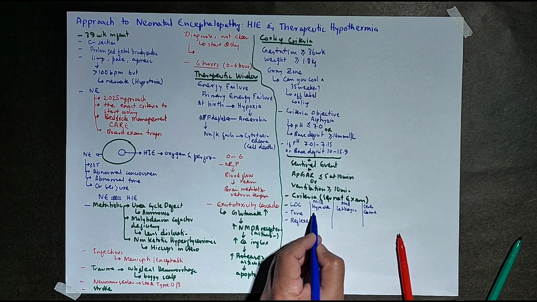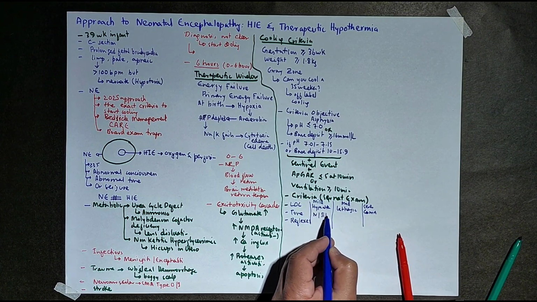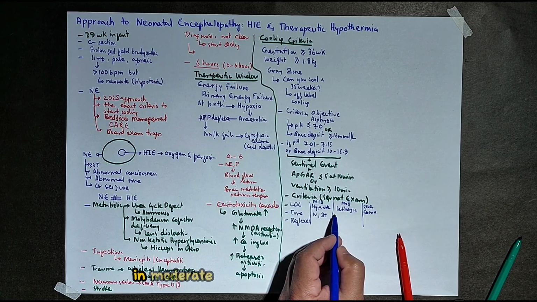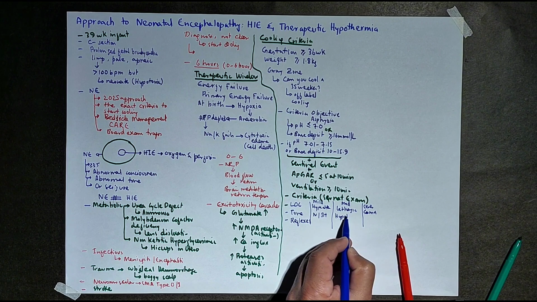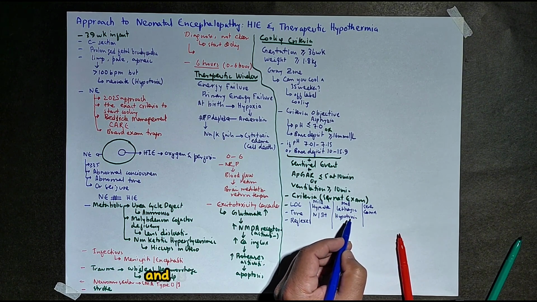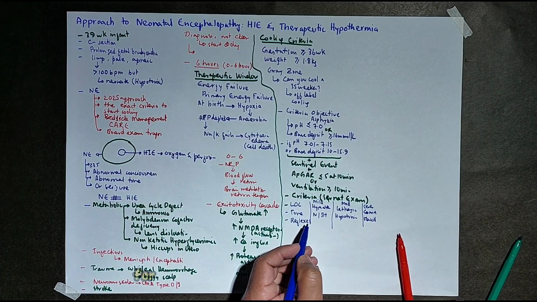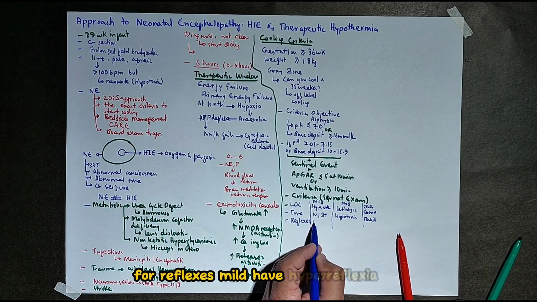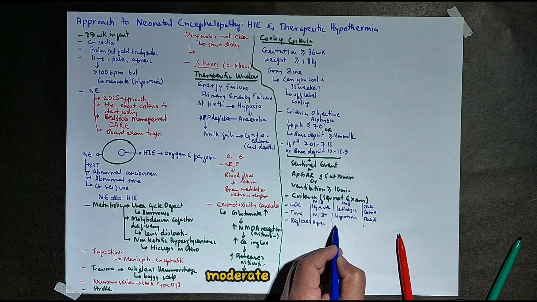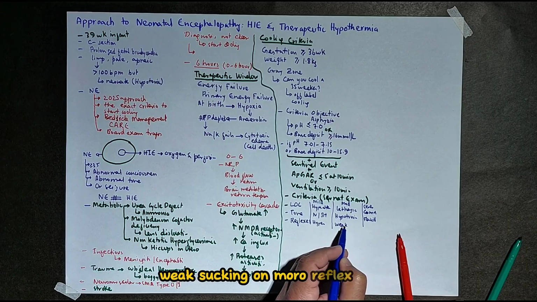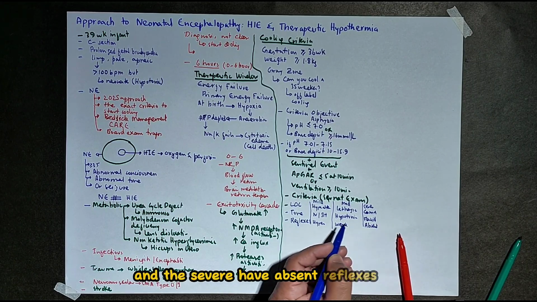For tone, in mild, tone would be normal or jittery. In moderate, tone would be hypotonic, that is a frog leg posture, and in severe, it should be flaccid. For reflexes, mild has hyperreflexia, moderate has weak sucking or motor reflex, and severe has absent reflexes.